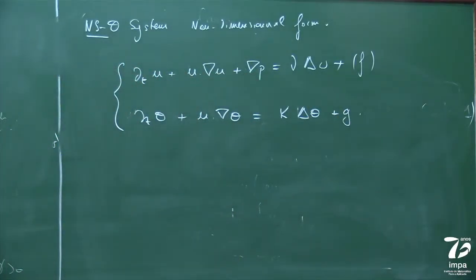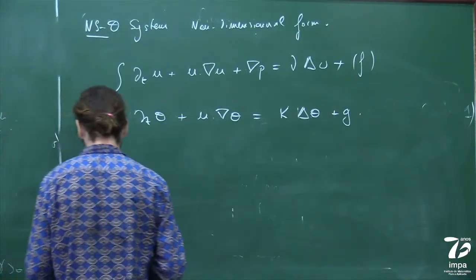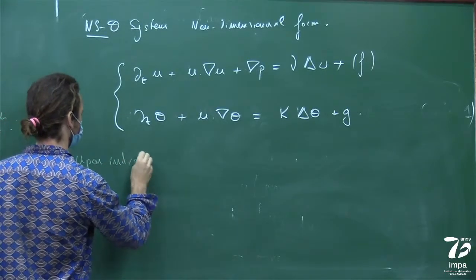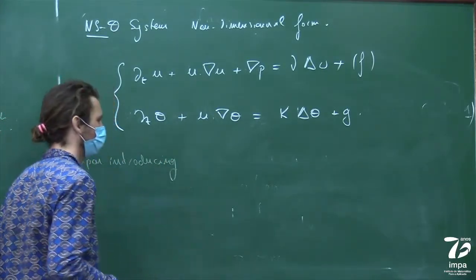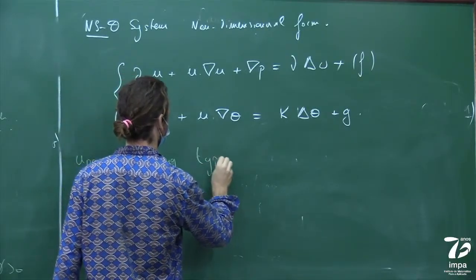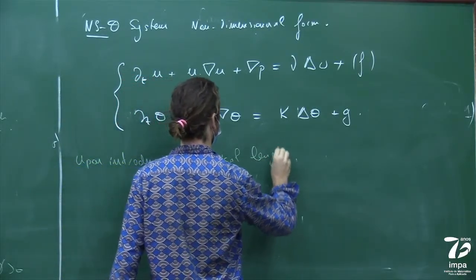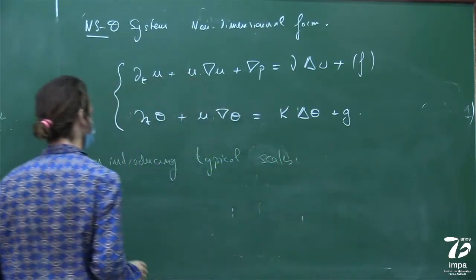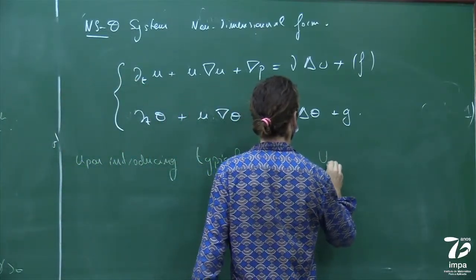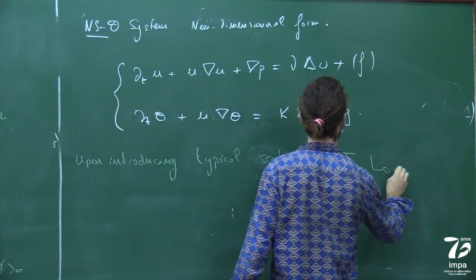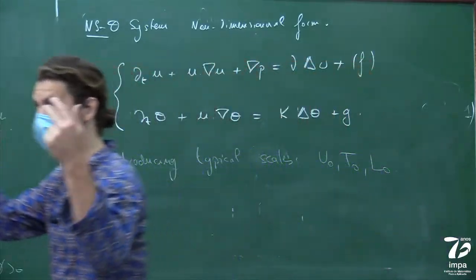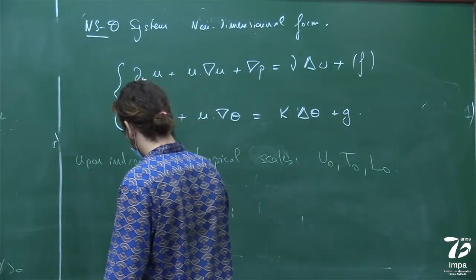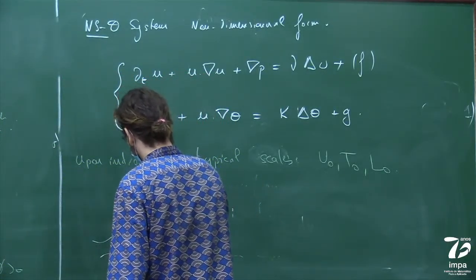Then upon introducing the typical scales, U0, T0, L0, think about it the same way that we were thinking in the first course of the flow around an obstacle.